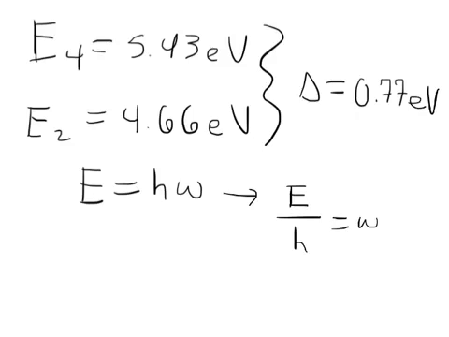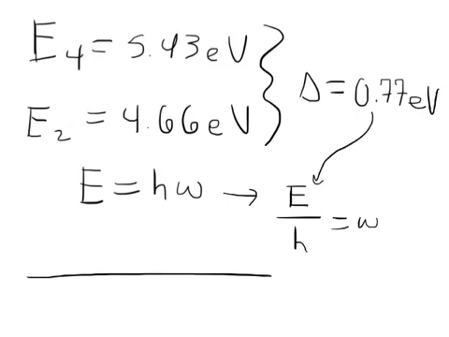We have the energy change. We just solved for it. Oh, it's a constant. H is a constant. People, you got to pay attention and answer questions. Come on. H is a constant. We said that like 30 seconds ago. It's Planck's constant. Now, so we have to take this 0.77 electron volts divided by H.